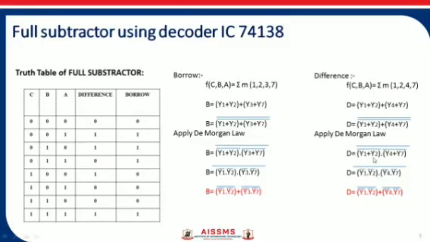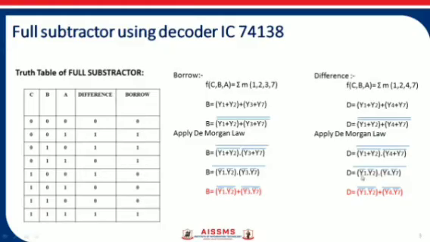Next, again we apply De Morgan's law to the single bracket, and now the rule is, if (Y1 plus Y2) bar is there, for example (A plus B) bar, the output will be A bar dot B bar.